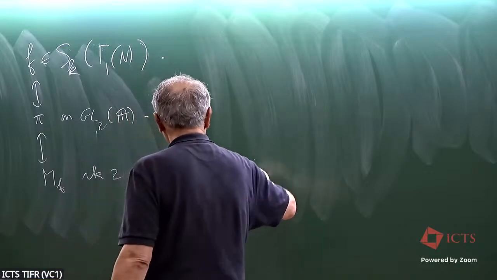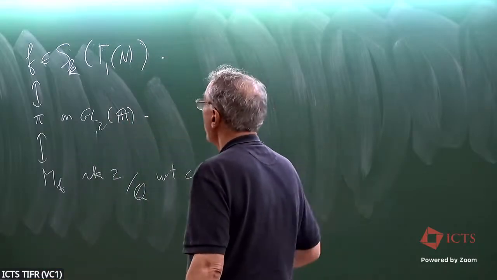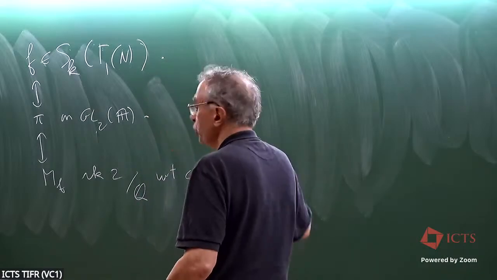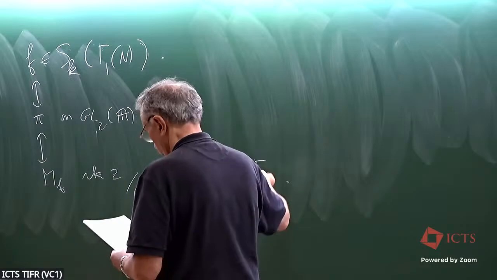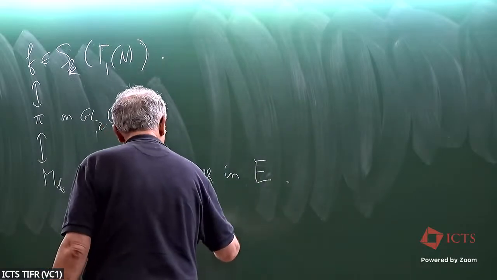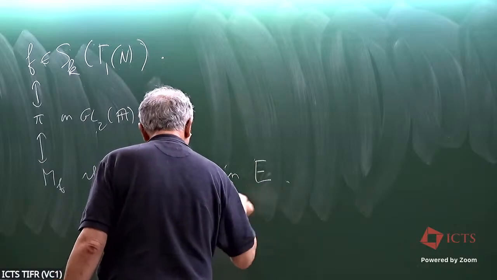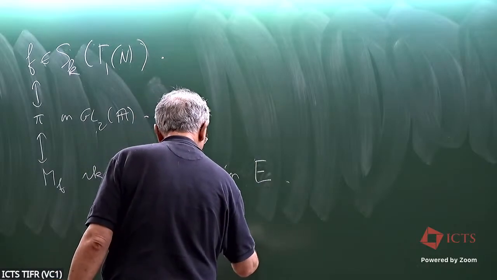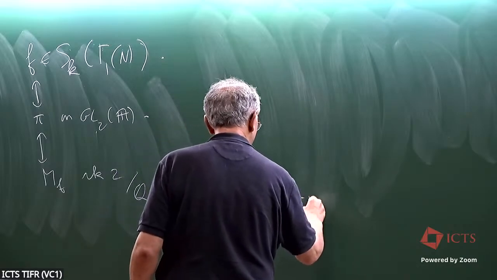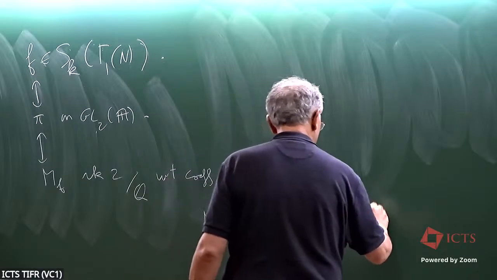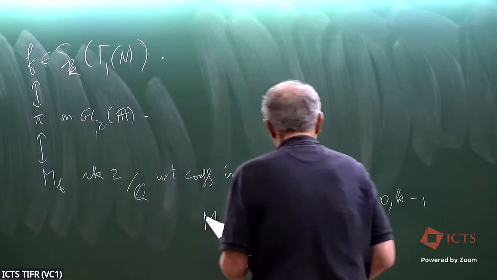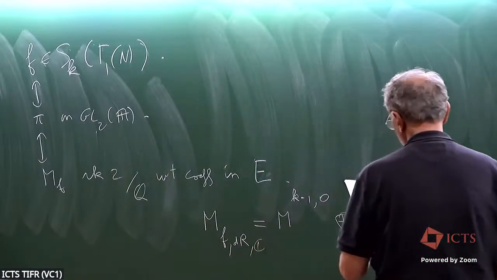The best number field you can take is the Hecke number field, generated by the Hecke eigenvalues, but we can take a bigger one. If you take the de Rham realization, it decomposes as M^{k-1,0} plus M^{0,k-1} over C, so it has weights k minus 1 and 0.